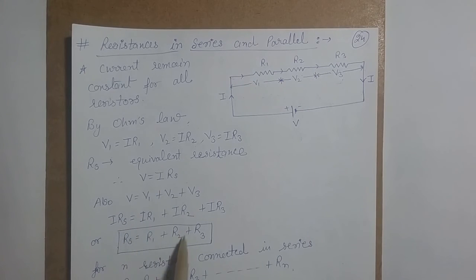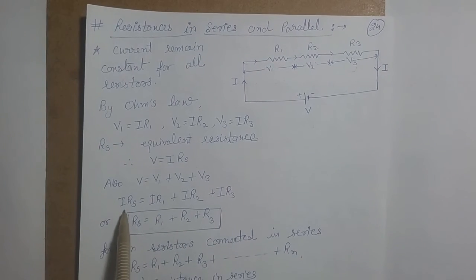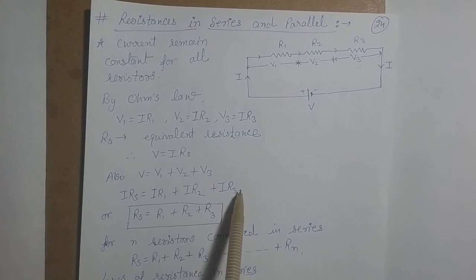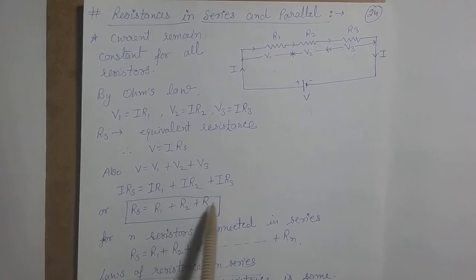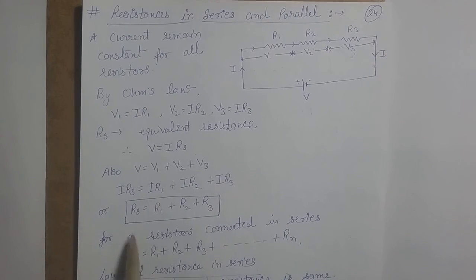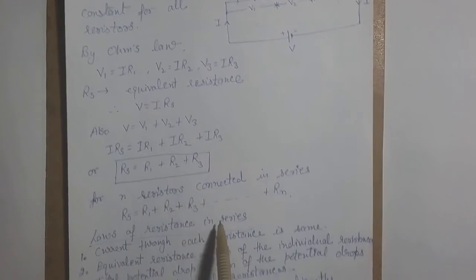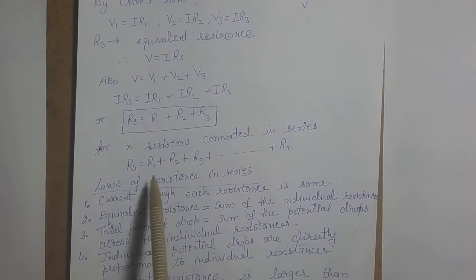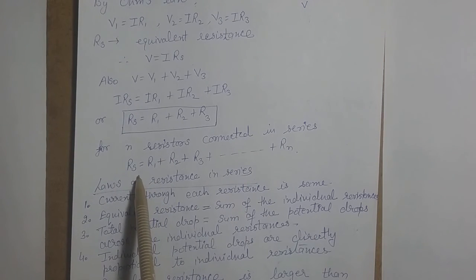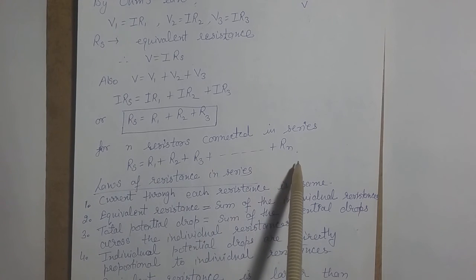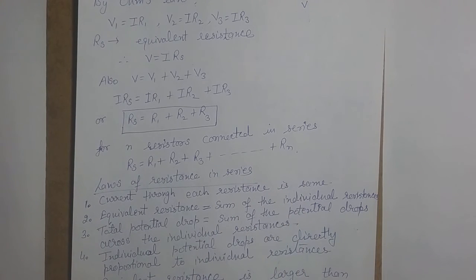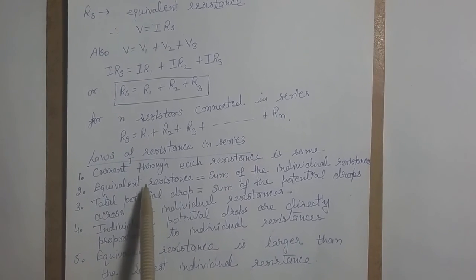So combining the terms, current being constant for all the resistors, RS equals R1 plus R2 plus R3. And if we consider n number of resistors, the total equivalent resistance for the circuit will be R1 plus R2 plus R3 till Rn. And you had studied all this in your 10th class as well.